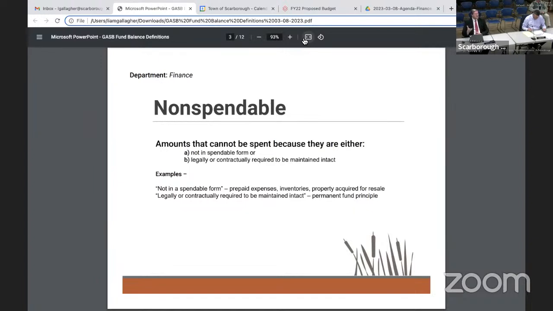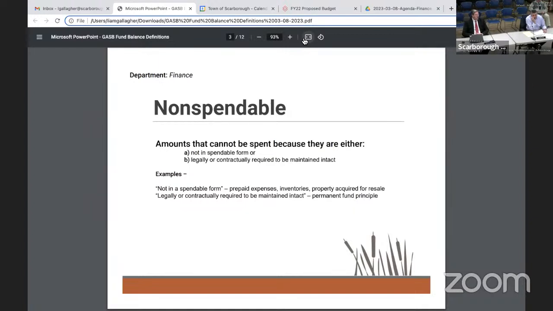So non-spendable, that's our inventories. So our fuel inventory would be in fund balance as non-spendable because you've already spent the cash to get that asset. And so therefore your only next step is to consume that asset and not spend it.